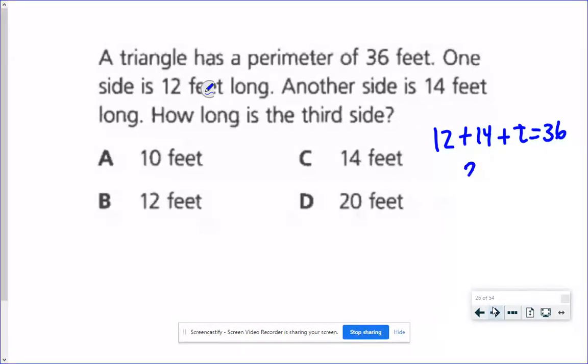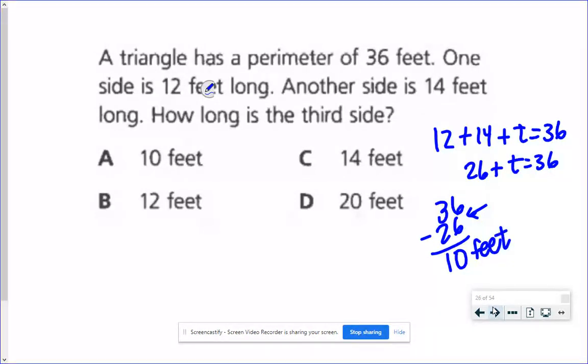That is 26 plus what equals 36. Some students, instead of adding on, take the total and take away all the side lengths that they know. Either way, because it's a fact family, you can either add on to get to the total or take the total and take away. So the missing side length is 10 feet.